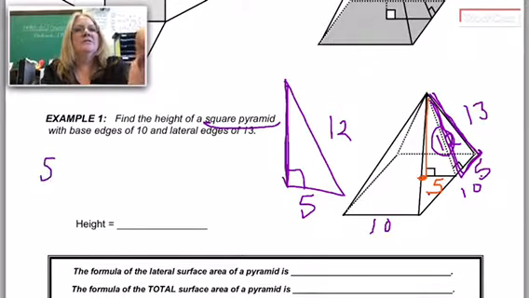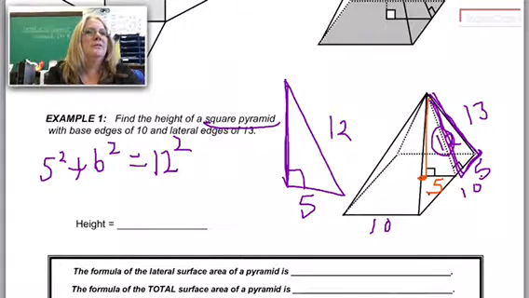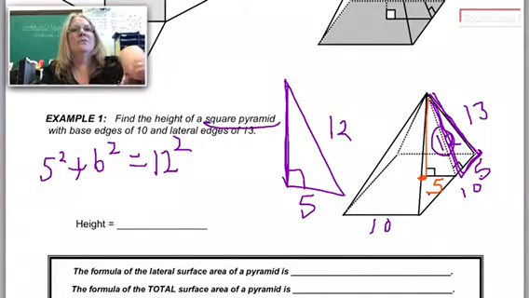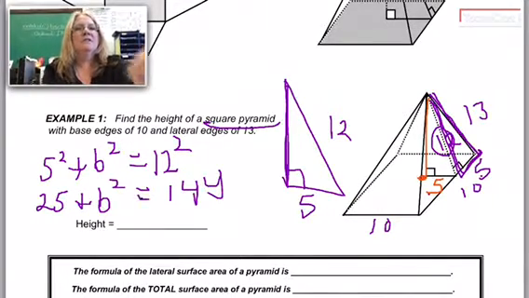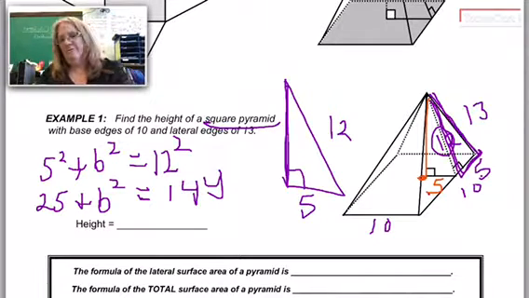So that is 5 squared plus b squared is equal to 12 squared. Okay, and so we'll get 25 plus b squared is equal to 144. We can subtract 25 from 144. This is not a triple.